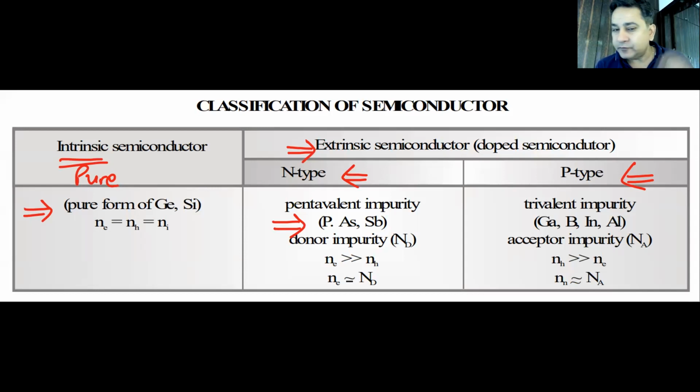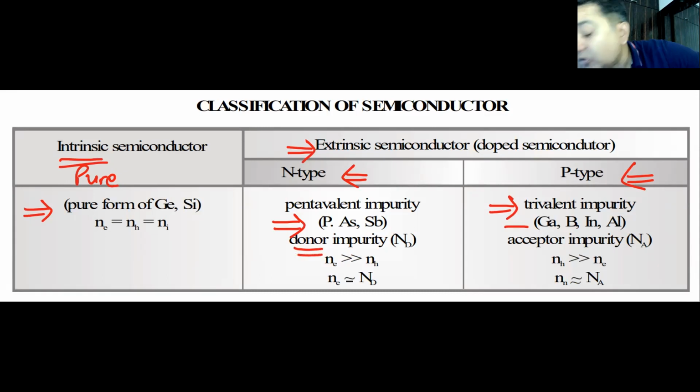For a P type, positive type, we add a trivalent impurity, an atom which has 3 electrons in the outermost shell: gallium, boron, aluminum, and all that. We can add that atom. N type are also known as donor because they have 1 extra electron, so they can donate 1 extra electron, negative.